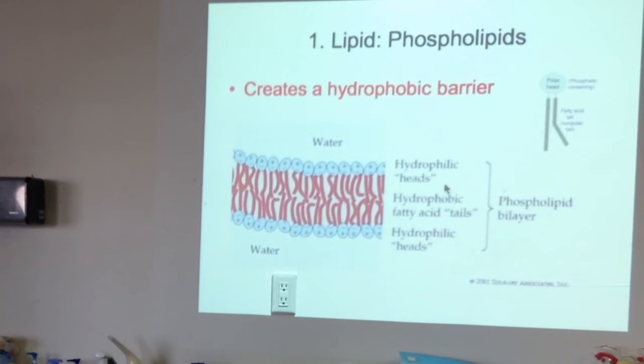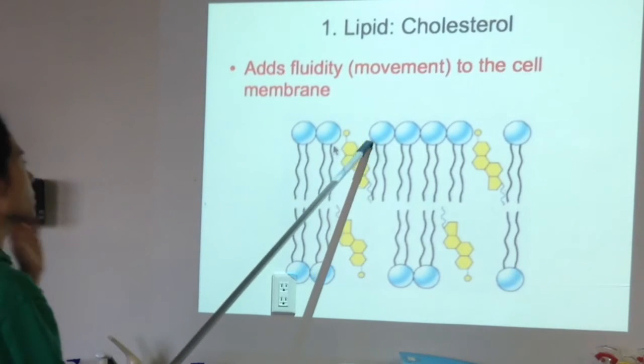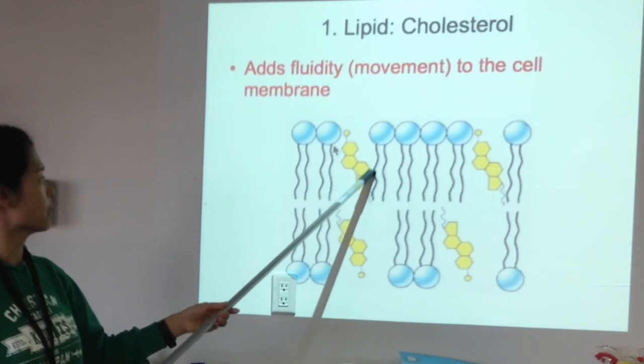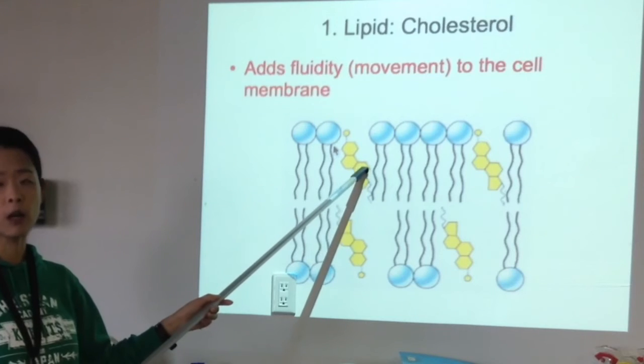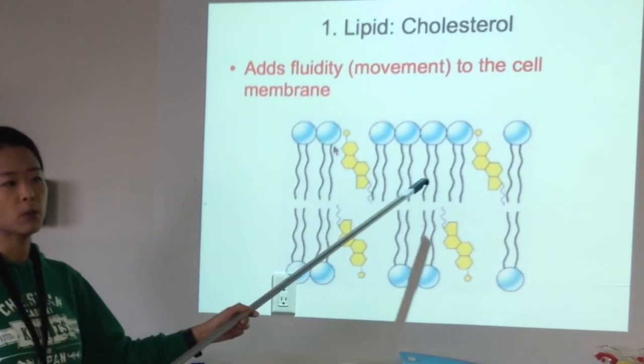All right, we talked about phospholipids, so let's move on. Besides these phospholipids, notice that there is also some cholesterol embedded in the membrane, and cholesterol looks like this. They have 4 rings of hydrocarbon chain fused together, and they may be embedded in the membrane as well.